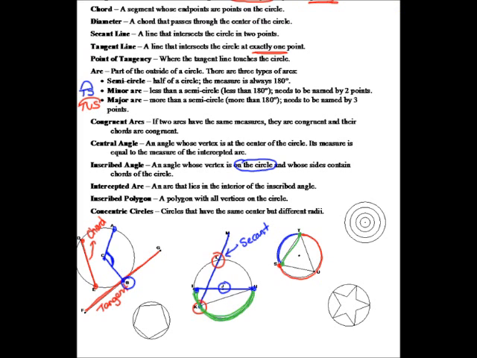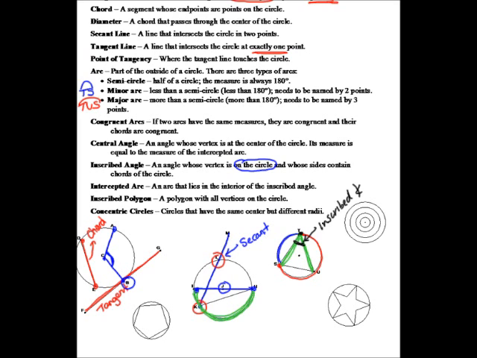An inscribed angle could be an example right here. And the reason that's an inscribed angle, that angle is formed here. We'll call it an inscribed angle because it's formed by 2 chords. My chords are TS and TU, and the vertex of the angle is on the circle.